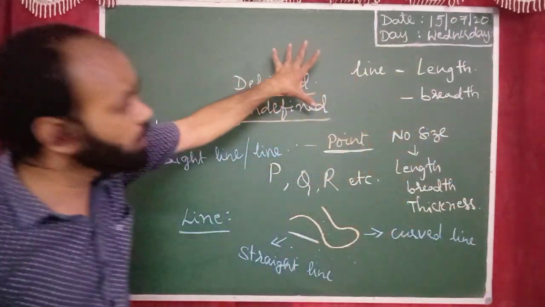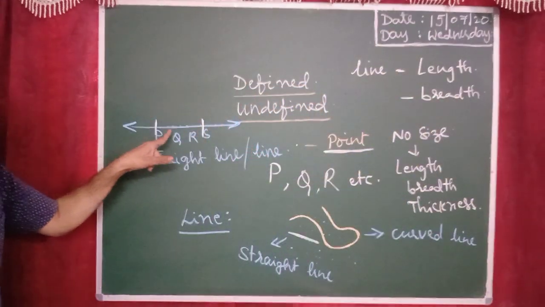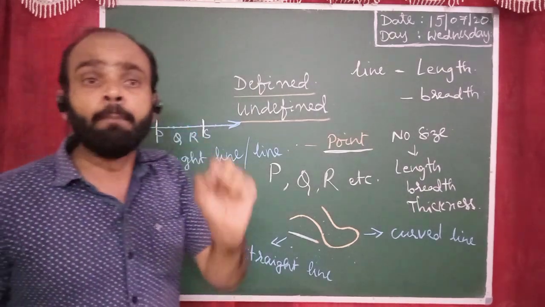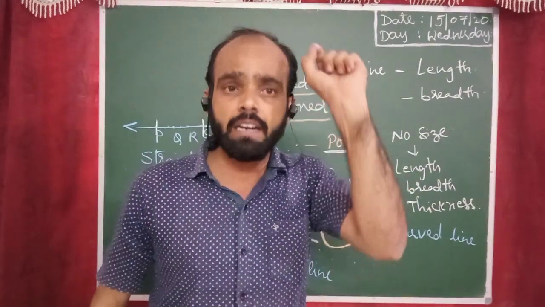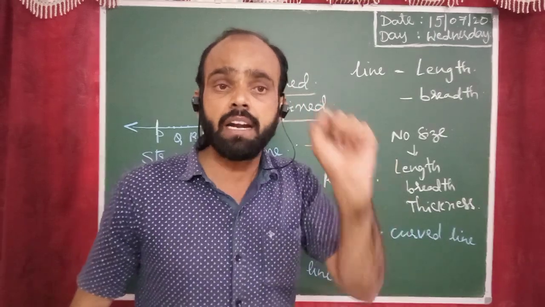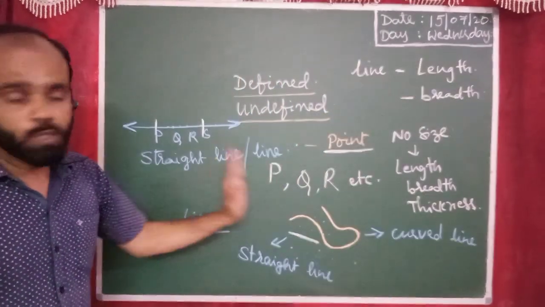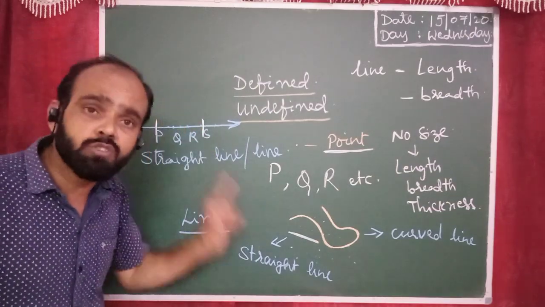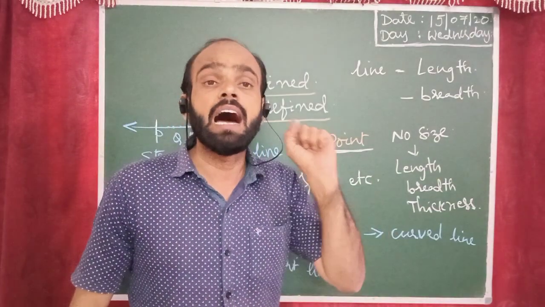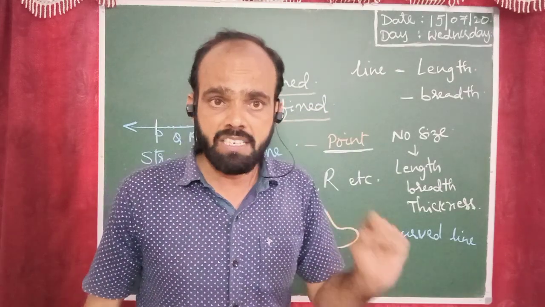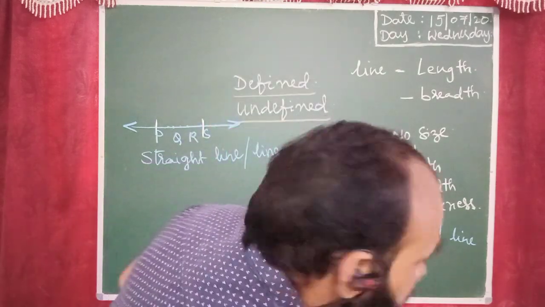That means this board is a two-dimensional figure, whereas this line is a one-dimensional figure. It has length only. No thickness, no breadth at all. So what do we say? This line is also considered an undefined term.